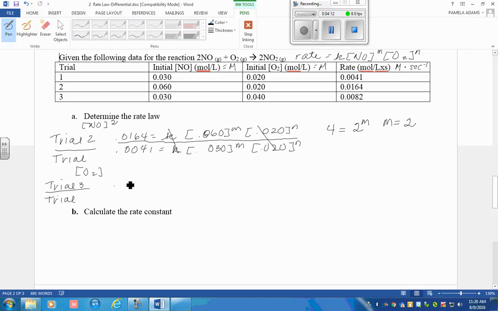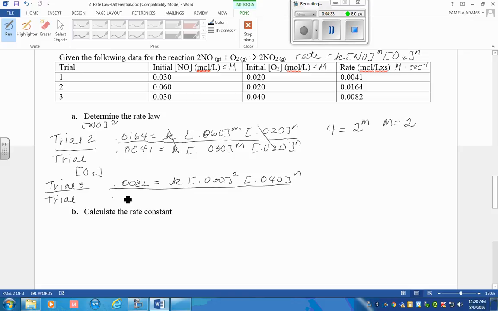And the rate for trial 3 is 0.0082, and that's equal to the rate law constant. We now know that our order for NO is 2. Still don't know what the O2 order is.